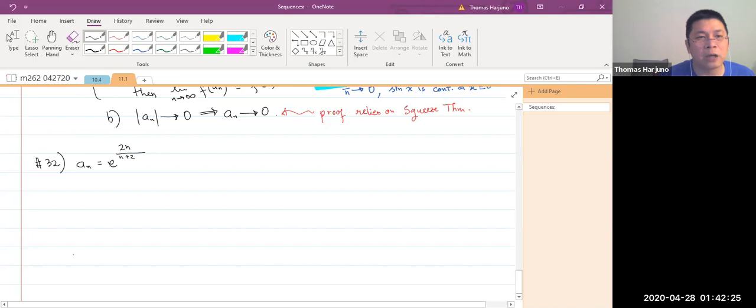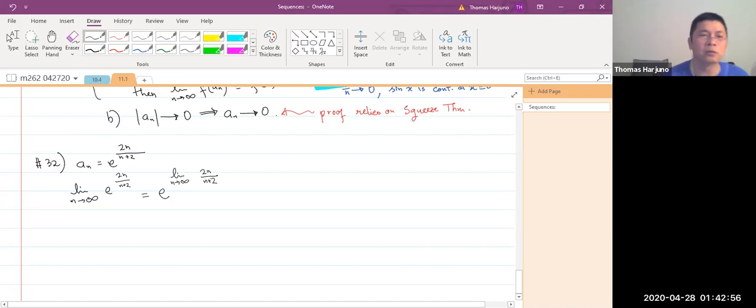Notice that when we try to find the limit as n goes to infinity of e to the 2n over n plus 2, that's actually the same as e to the limit as n goes to infinity of 2n over n plus 2.